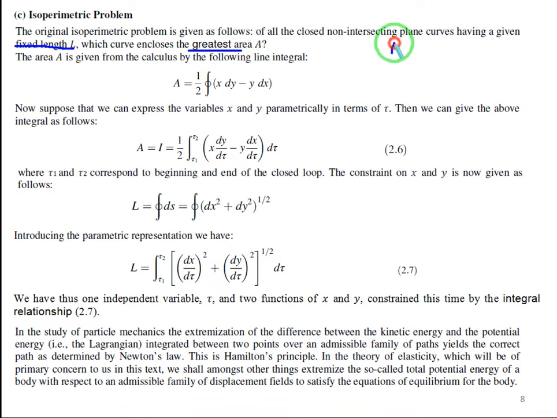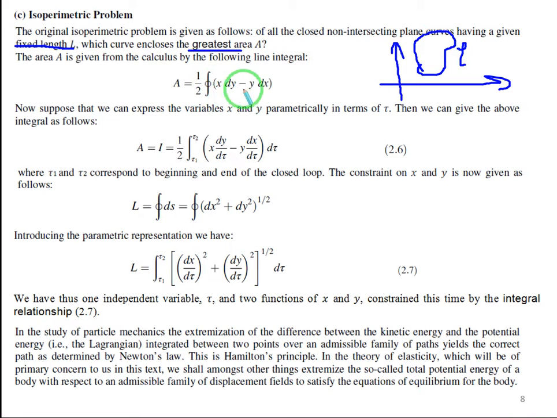Okay, so if I want to draw the problem, we have a curve with length L. We want to change the shape of this curve in order to have the greatest area. We can show that the area of this path can be calculated by this formula.